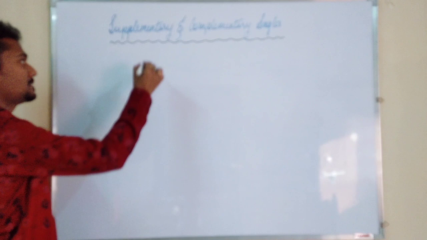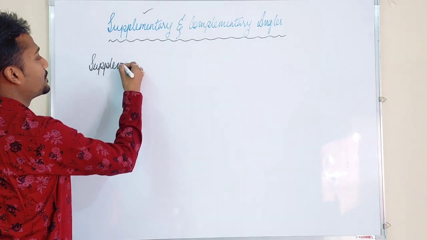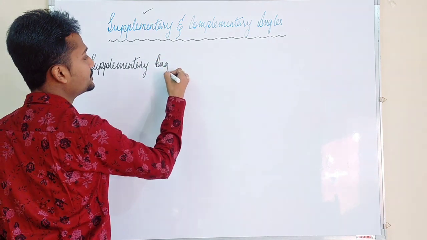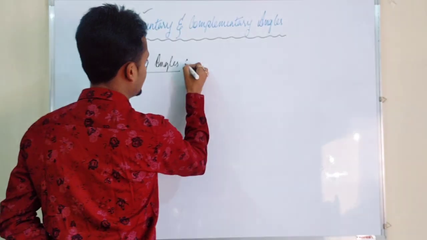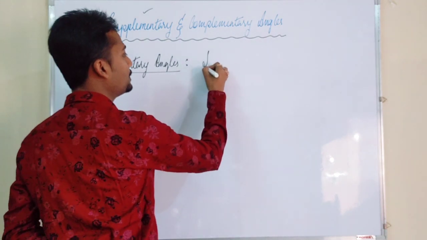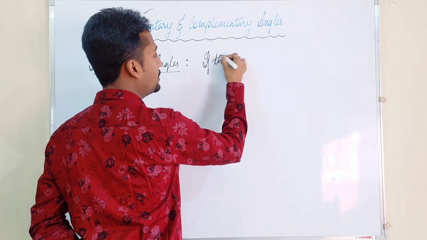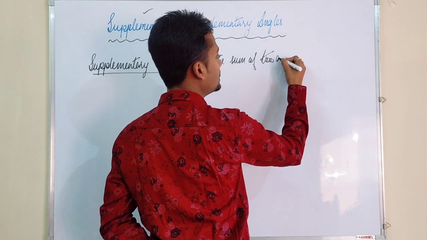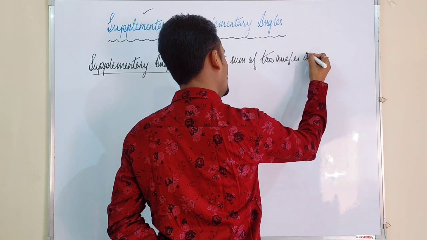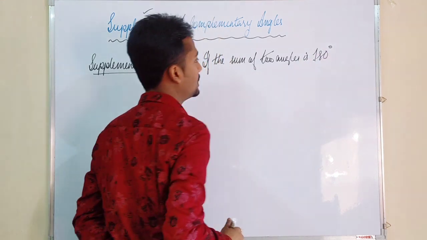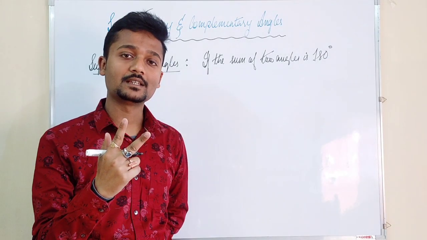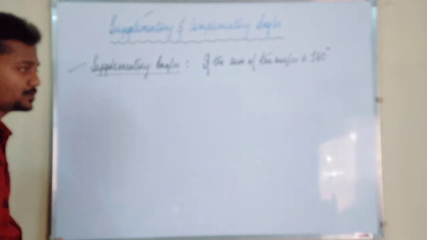Now first let us understand supplementary angles. If the sum of two angles is equal to 180 degrees, then the angles are known as supplementary angles.